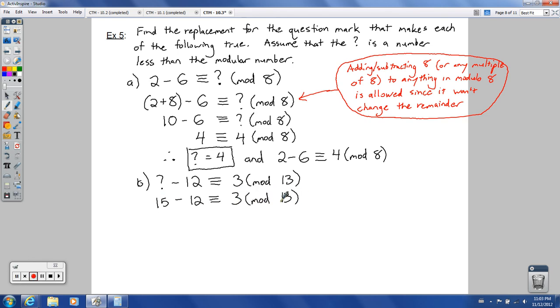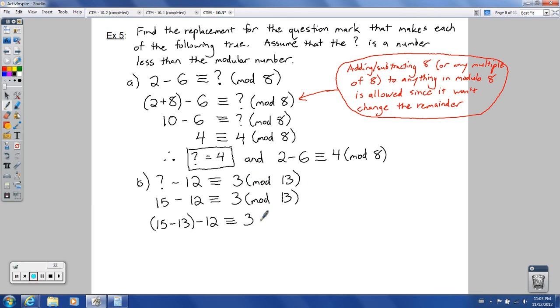However, the modular number is 13, so remember, just like before, you can add or subtract 8 or any multiple of 8 if it's mod 8. Now we can add or subtract 13 or any multiple of 13 if it's mod 13. So I could replace 15 with 15 minus 13, because I want this question mark number to be something between 0 and 12, one less than the modulus.